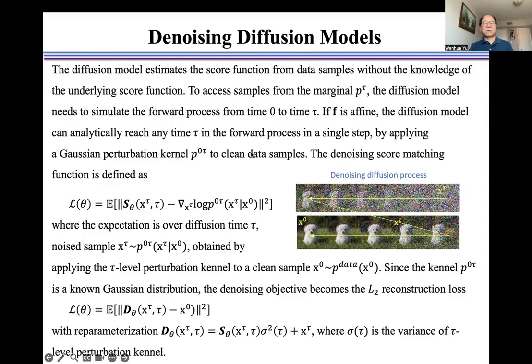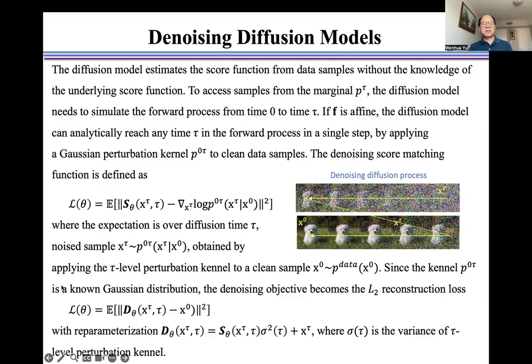The denoising score matching function is defined as here and explained in this figure, where the expectation is over diffusion time tau. The noisy sample x_tau is sampled from P_0tau, obtained by applying the tau-level perturbation kernel to a clean sample x_0.